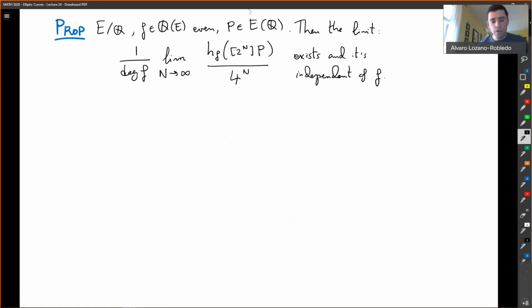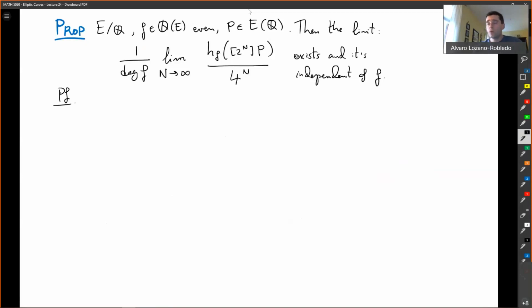Great. So if you thought you were in number theory and you did not have to prove that sequences were Cauchy anymore, you were wrong. And what we have to do is first prove that this limit exists, and then that it is independent of f.